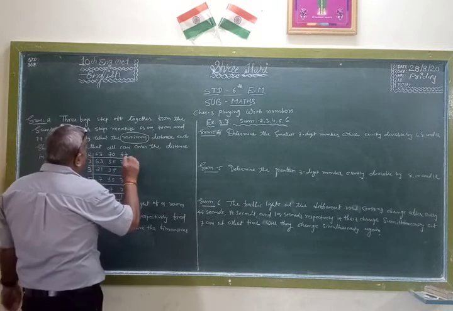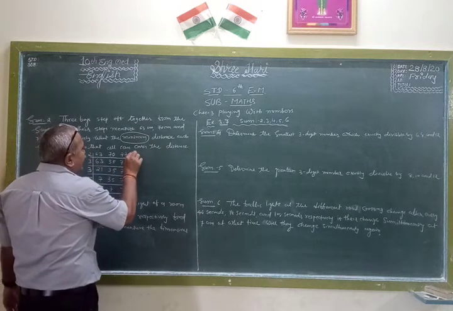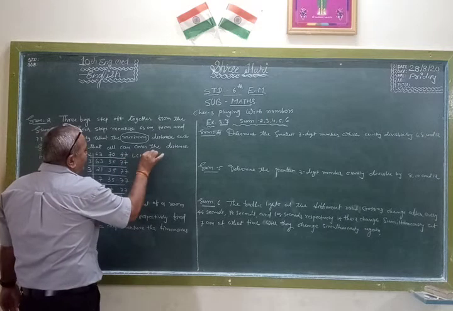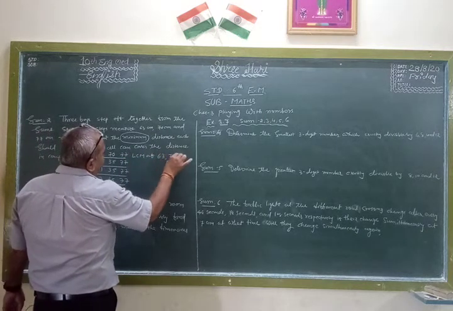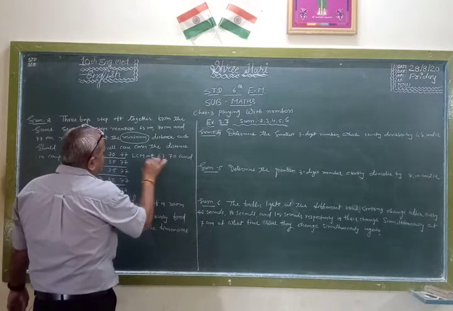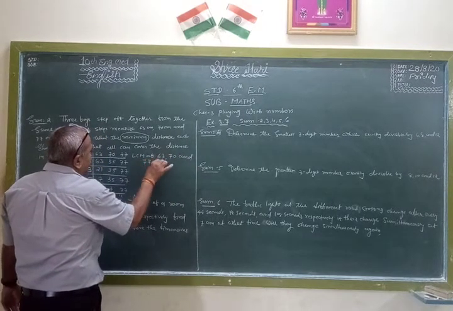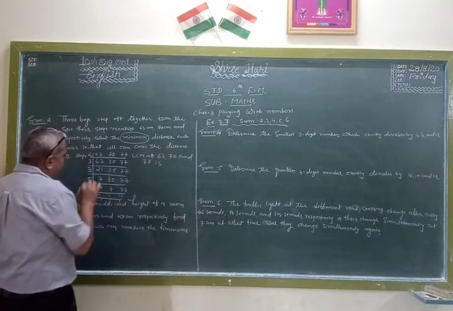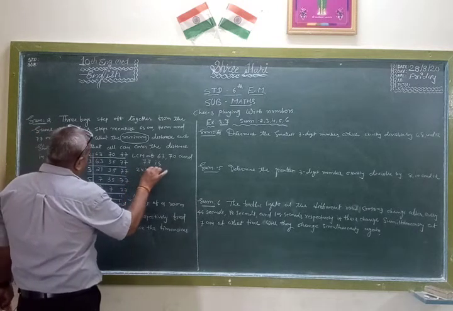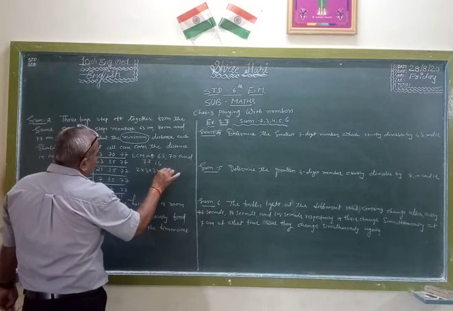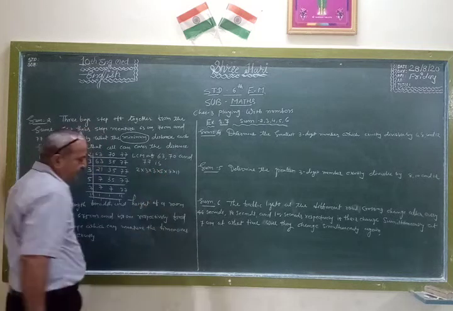So look here, the LCM of 63, 70 and 77 is the multiplication of all these numbers. So 2 into 3 into 3 into 5 into 7 into 11.